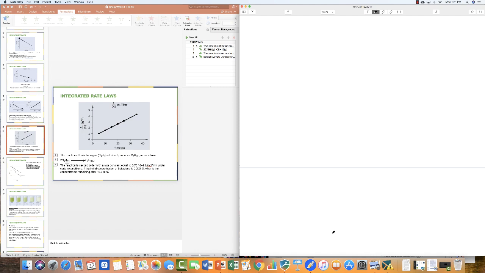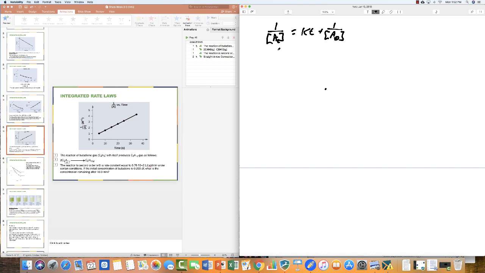With this, we know that 1 over the concentration of A at time t equals kt plus 1 over the concentration of A at time 0. Excuse me, this is time t here, sorry.